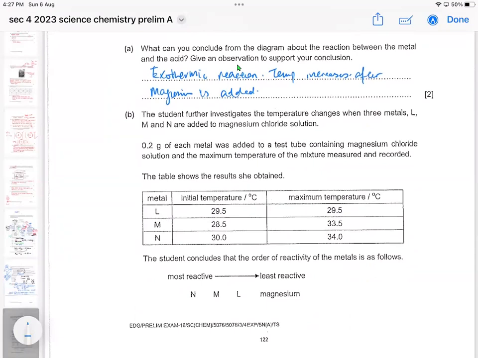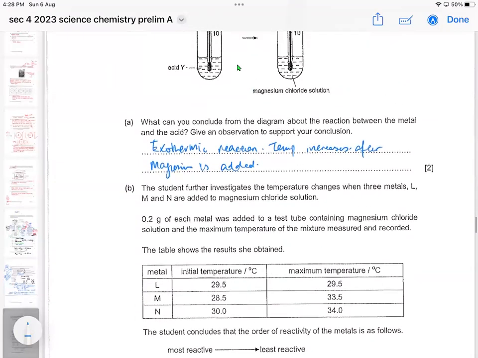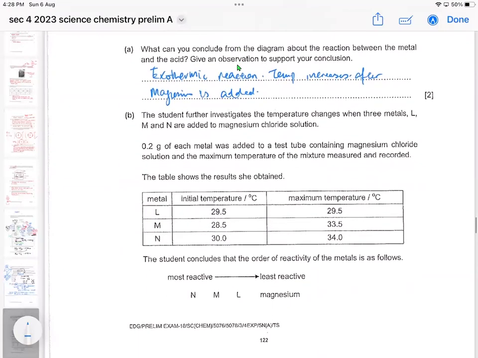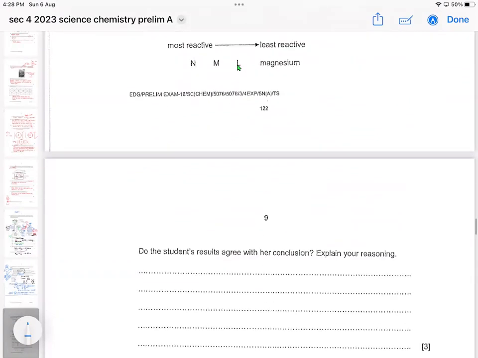So 3 different metals here. They have varying maximum temperatures reached. Okay, so the student concluded the order to be something like this: most reactive, and so on. Okay, let's move on to this.